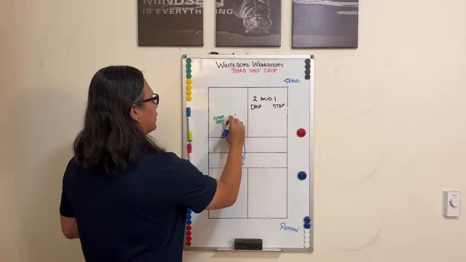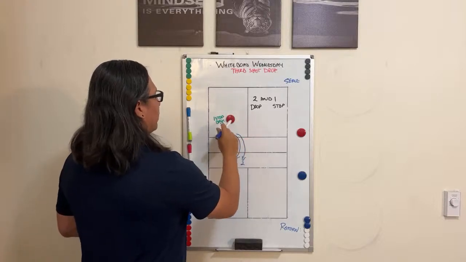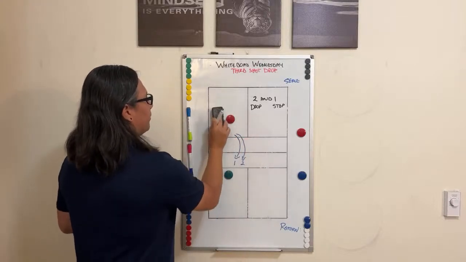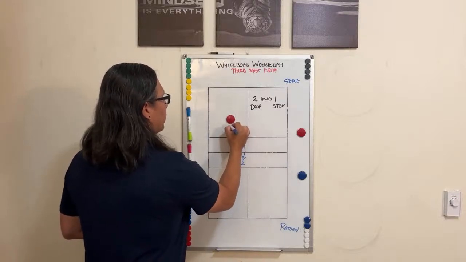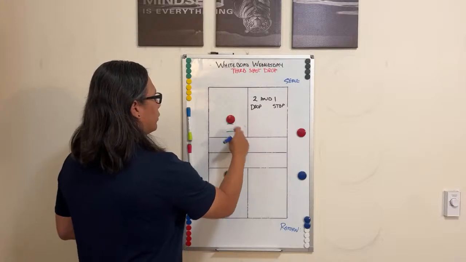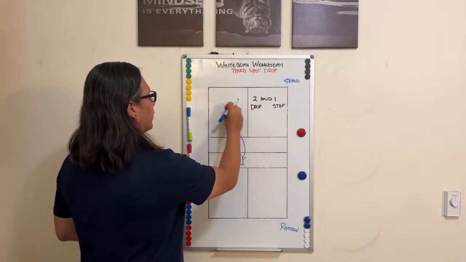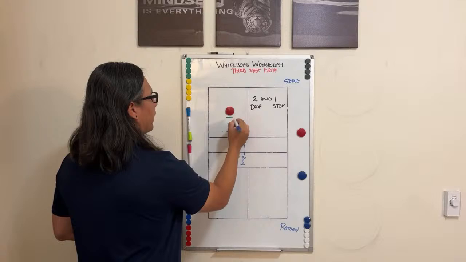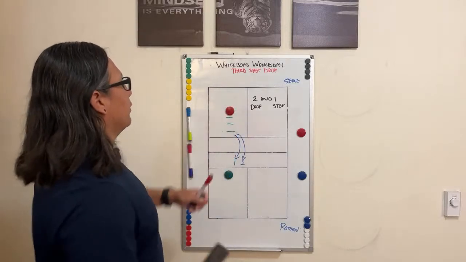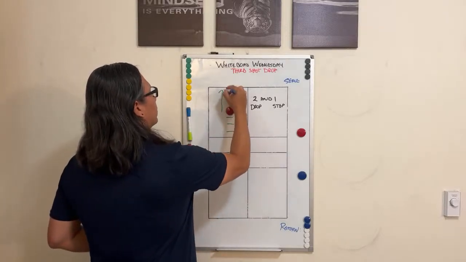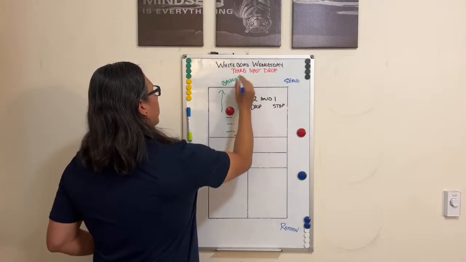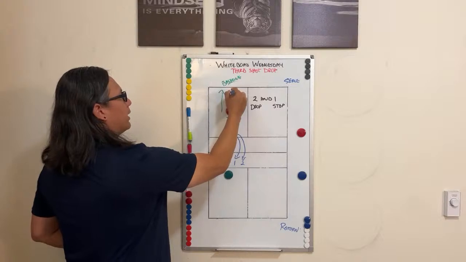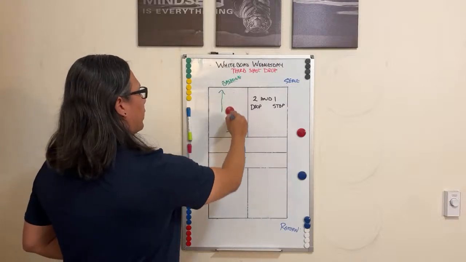So now they take 1 step back, and then they will drop 2 balls again, and as soon as they do, they're going to take another step back, right? They're going to work their way all the way to the baseline, right? And once they get there, then they're going to work their way back up.